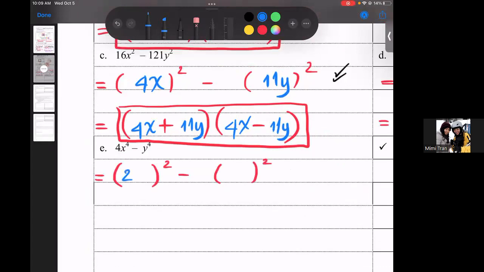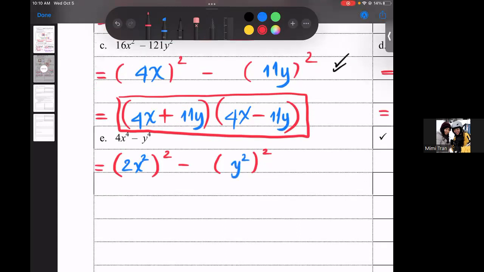So 2x squared, and then squared outside, right? You can check, you distribute it: 2 squared is 4, x squared squared is x to the 4. When you distribute the power, do you multiply or add? You multiply. And the second one will be y squared. Plus and minus. So 2x squared plus y squared, and then 2x squared minus y squared.